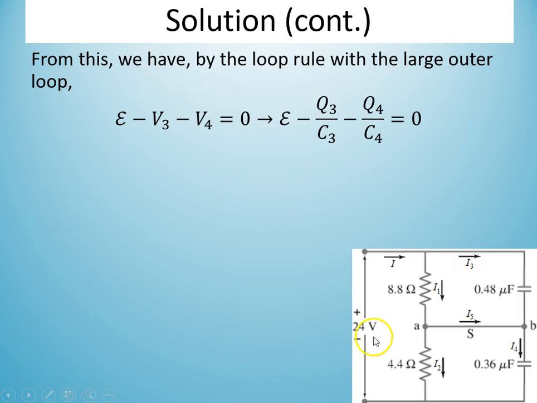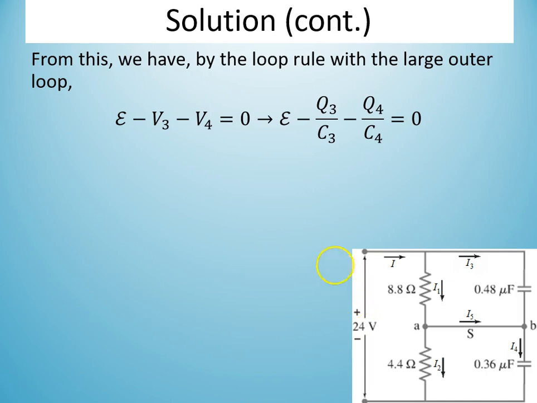So we have our battery voltage minus the potential difference across this capacitor minus the potential difference across this one down to 0, because the negative terminal of the battery is said to be 0.